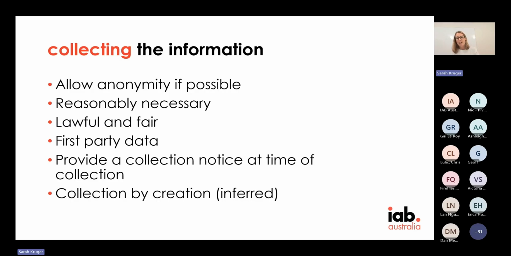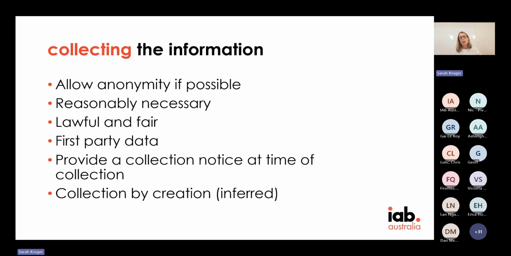It needs to be lawful and fair. So the OAIC gives multiple examples of lawfulness and fairness. The key one is really just not collecting by deception. So make sure you're transparent and not misrepresenting the purpose of the collection. Don't say you're collecting it for one thing and then use it for another.